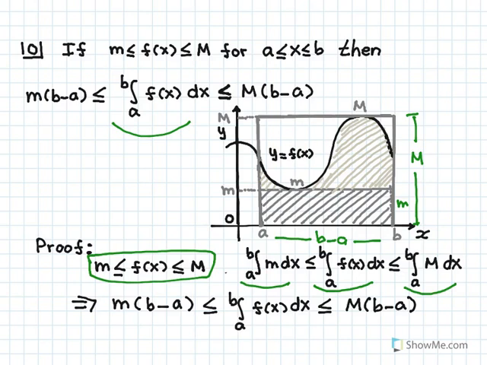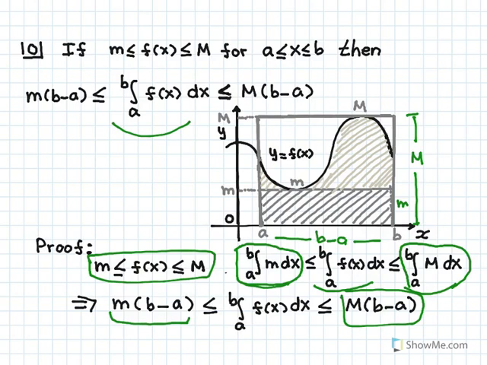But we already know from an earlier property that this definite integral is just small m times b minus a. And this integral here, the integral of M dx, is just the area of a rectangle. That's capital M times b minus a. So we have a way of estimating integrals. And in the next video, we're going to look at that and do some estimations. All right, thank you.